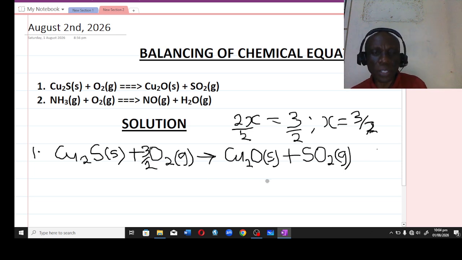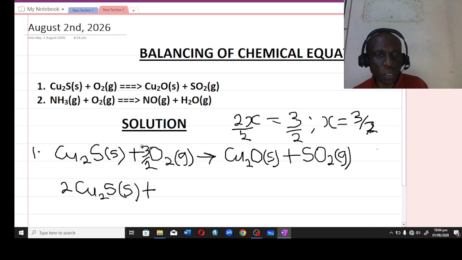The denominator or the LCM is 2, so I shall multiply both sides of that equation by that 2. If I do so, I'll end up having here 2 copper 2 sulfide, still a solid. Now when we multiply 3 over 2 by 2, just imagine having 2 multiplied by 3 over 2. The 2 will do away with the 2, leaving us with 3, so the result will be 3.